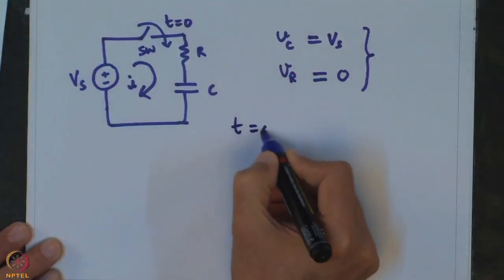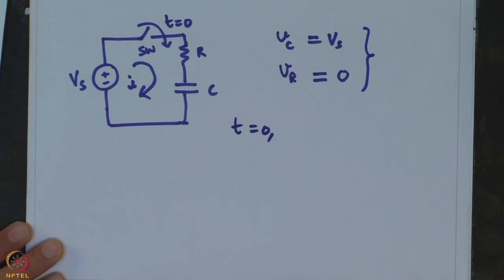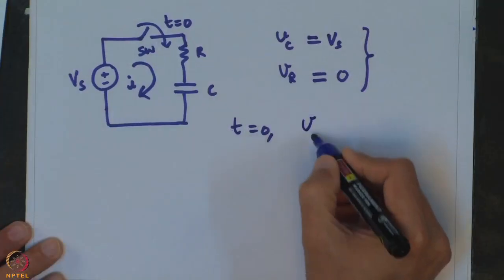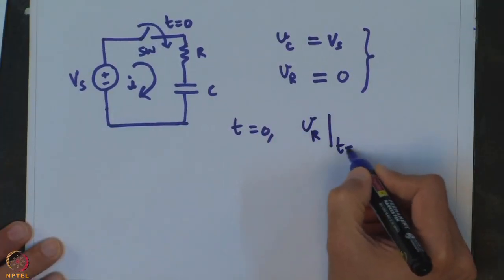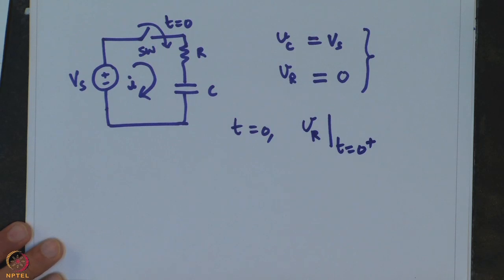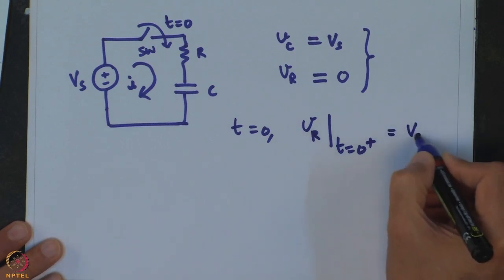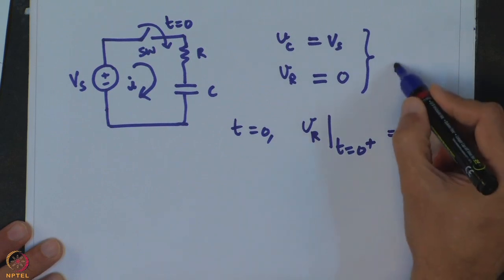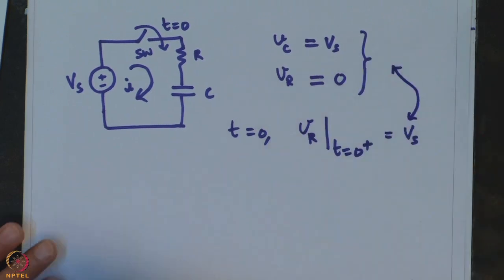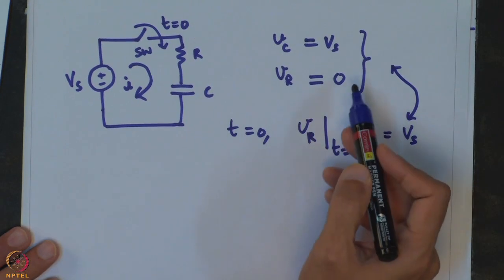This is because when the switch is closed at t = 0, the voltage across the capacitor cannot rise suddenly, and the Kirchhoff's voltage law demands that the entire source voltage that is applied must appear across the resistance, which means that the initial value of the resistor voltage at t = 0+, immediately after the switch is closed, should be equal to Vs, but this is not predicted by the steady state solution that we achieved through our basic understanding.